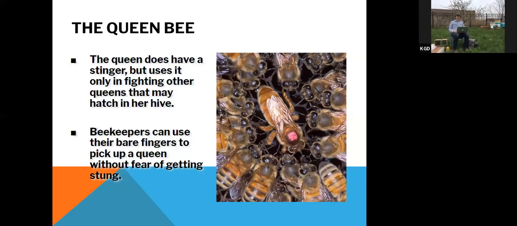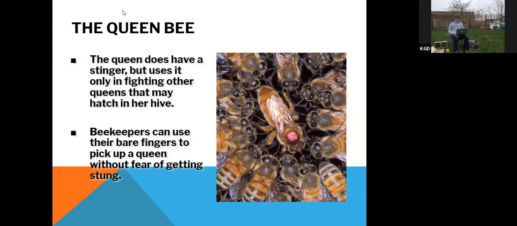That would be the only time naturally that's happening, during the May-June timeframe when the hive is procreating. It's making a new hive.